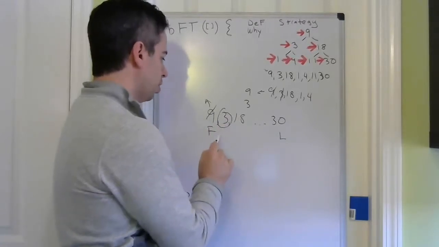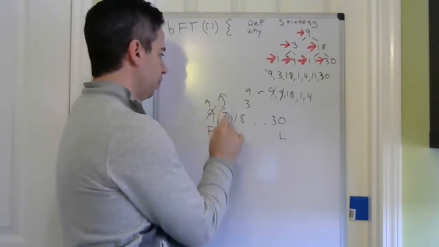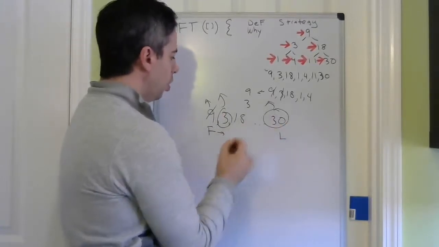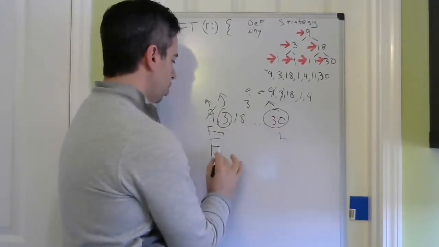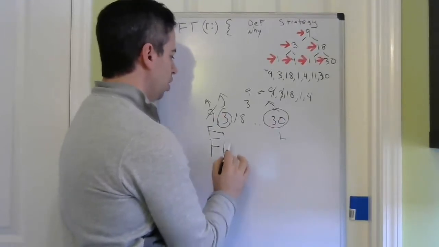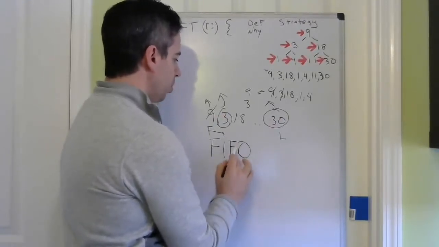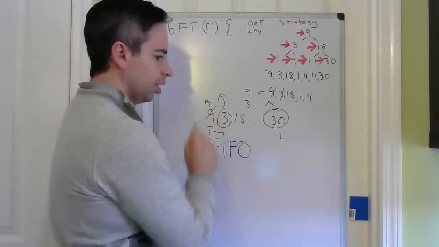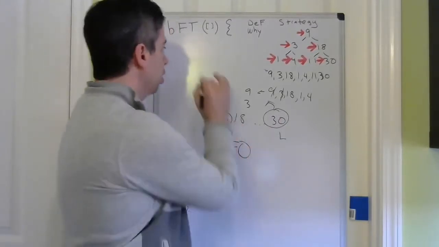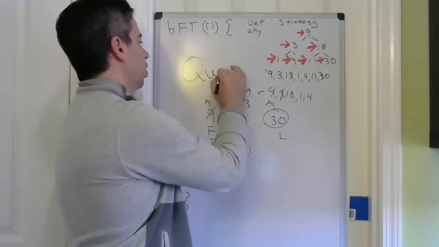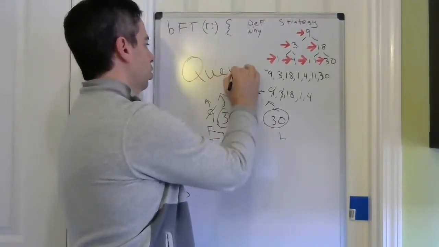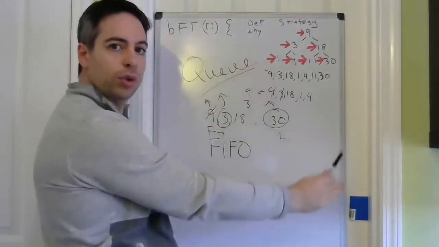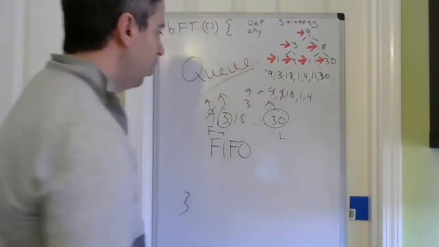This comes first, that goes out. The last one to come out is 30. So first in, first out. First thing in, first thing out. So we know we need a queue.